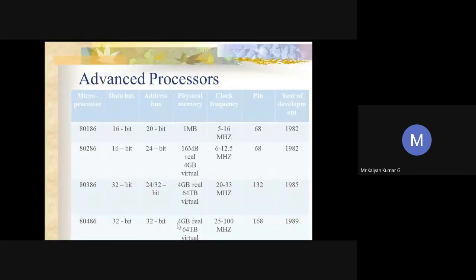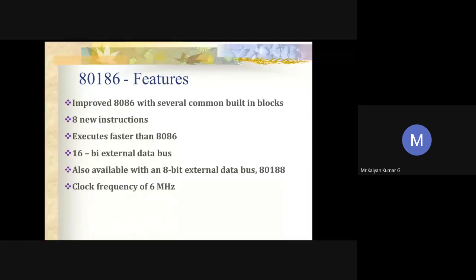Next we'll move on to the features of 80186. As I said, it was developed by Intel. All the processors that we discussed were developed by Intel, 80186 in the year 1982. It is an improved version of your 8086 with several common built-in functions like a clock generator.